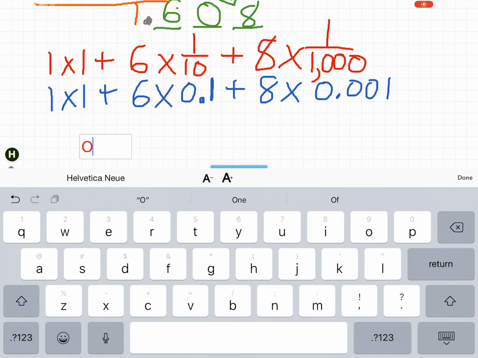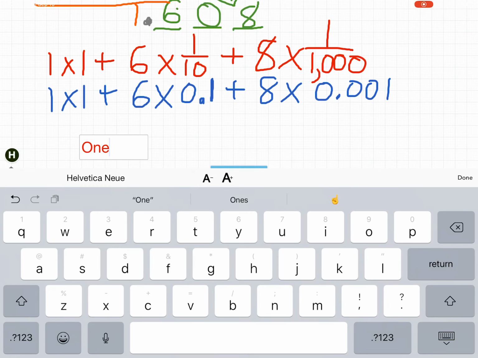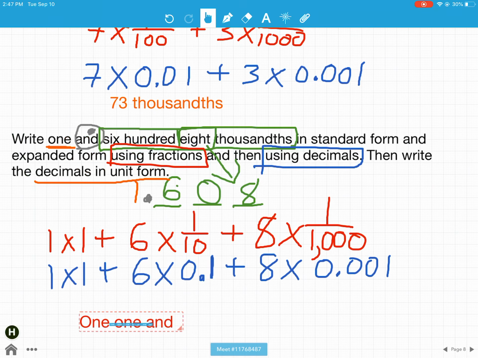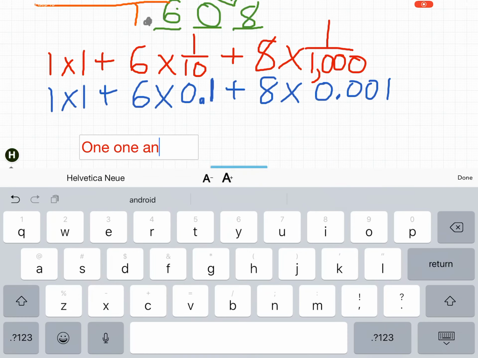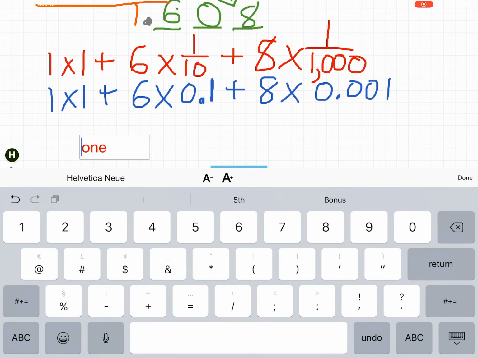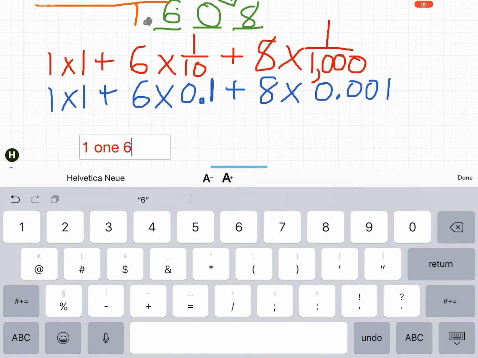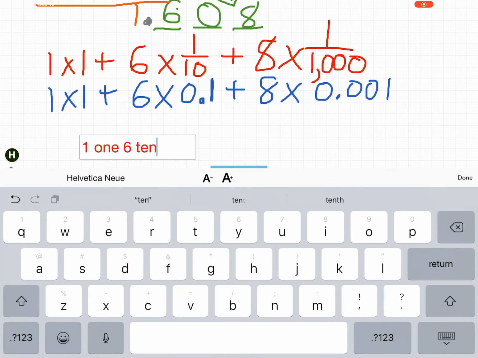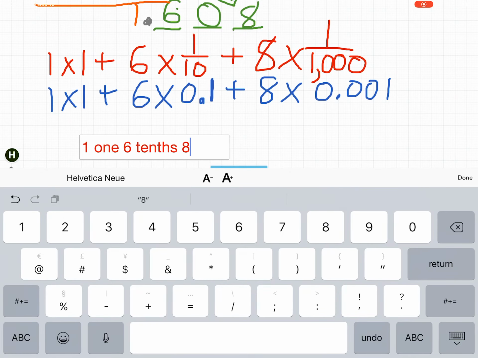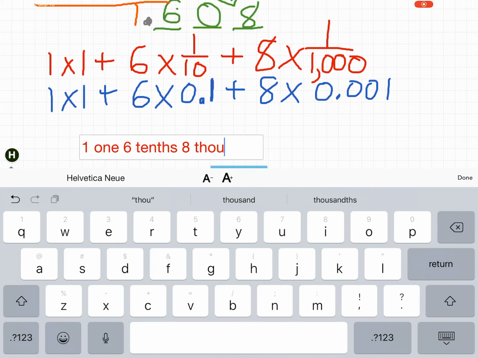So it's 1 1. Sorry, it's unit form, so we're going to use a number and a word. 1 1, 6 tenths and 8 thousandths.